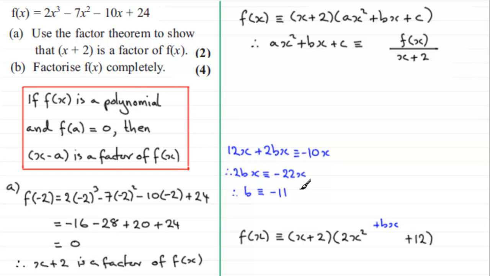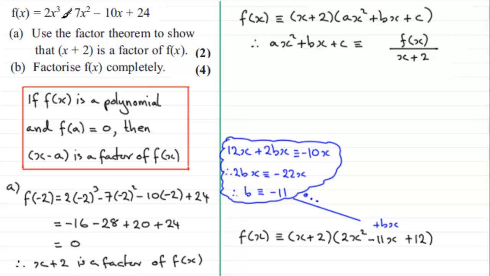Okay? So that would mean that in here the term should be minus 11x. So that is how I get that value. So I would be thinking something like this in order to work out what b is.